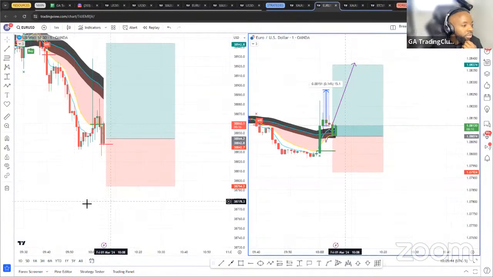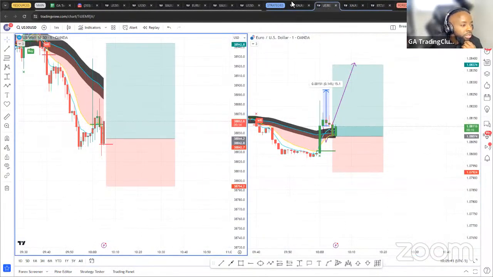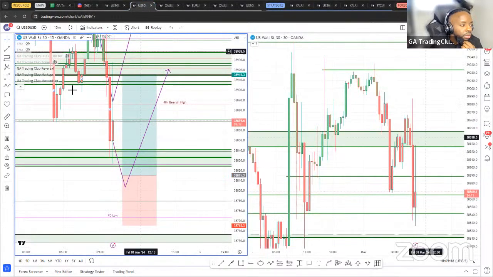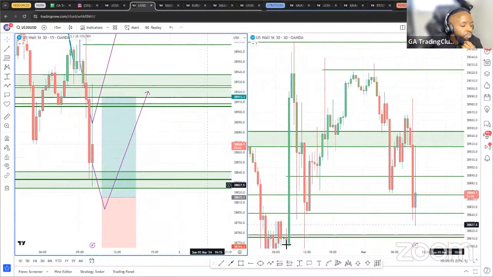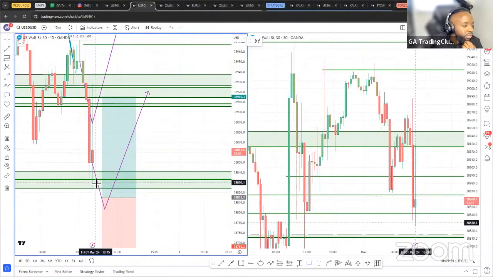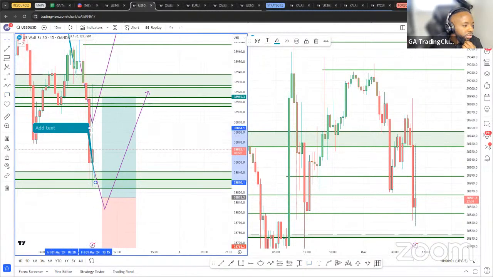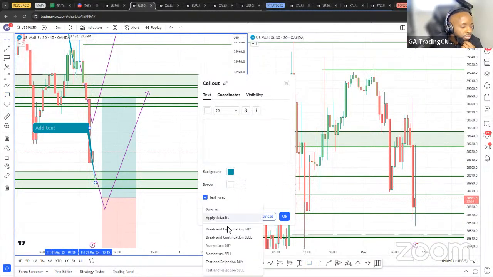This is just to get that X. Tests and rejection of this zone. So this is pending.